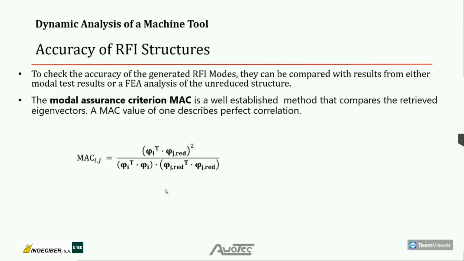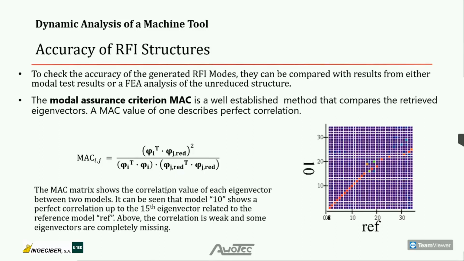This is well known and established for a long time in the field of measurement, of modal analysis by measurements, and used for the comparison of different mode shapes and eigenvectors. The typical result of this MAC criterion is a so-called MAC plot, where each column and each row represents one mode shape of a set of mode shapes of one reference design or reference measurement or reference simulation to another one.